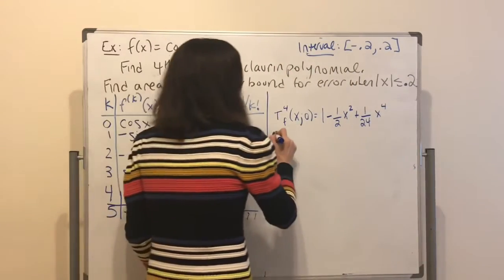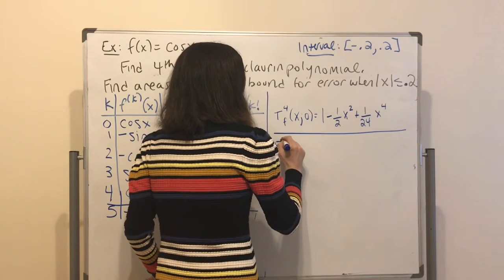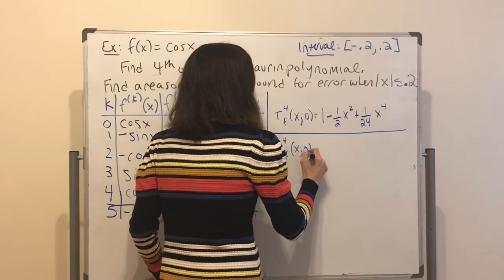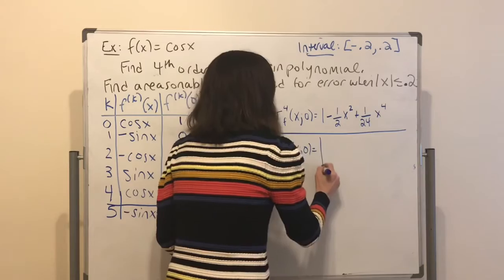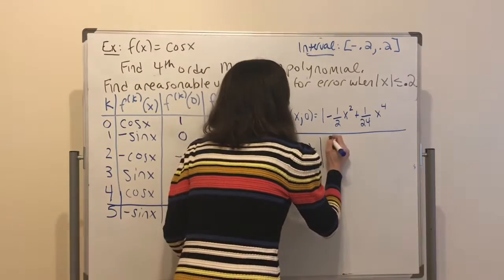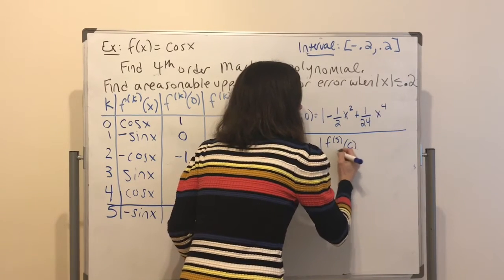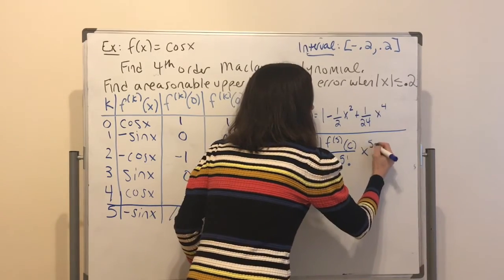Now we need this error. And again, this one won't be too bad either. E4 of f at x, 0 will be, by this Taylor-Lagrange theorem, in absolute value, we take the very next one. So this would be the 5th derivative, evaluated at some c, over 5 factorial, x to the 5.